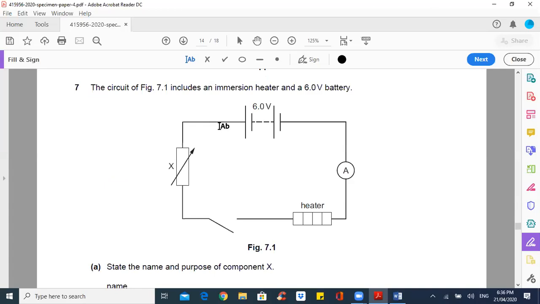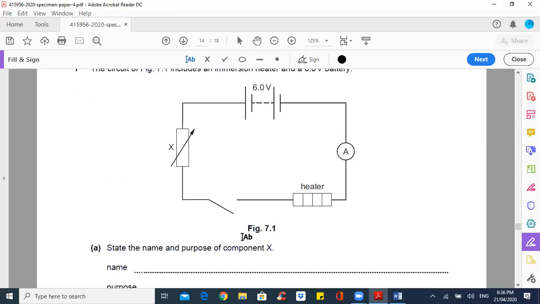Right, the question here says the circuit in figure 7.1 includes an immersion heater and a 6.0 V battery. What is the name and purpose of X?